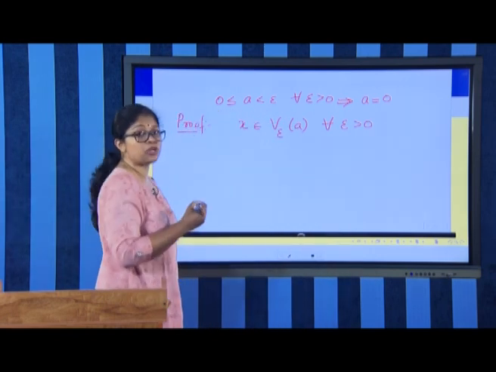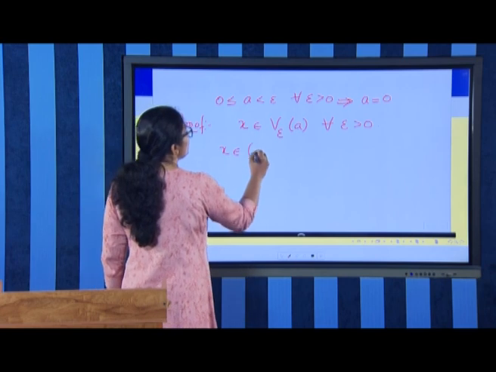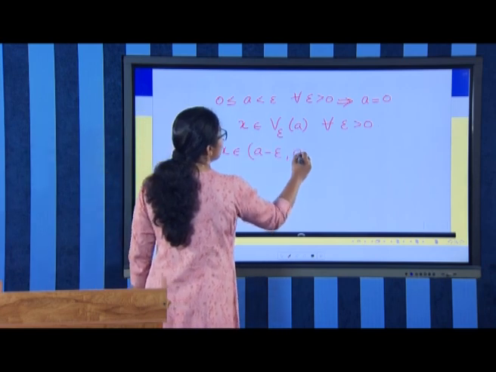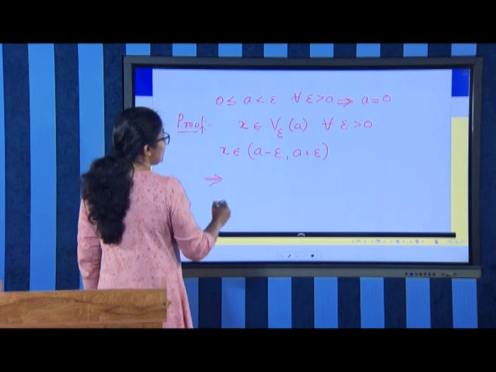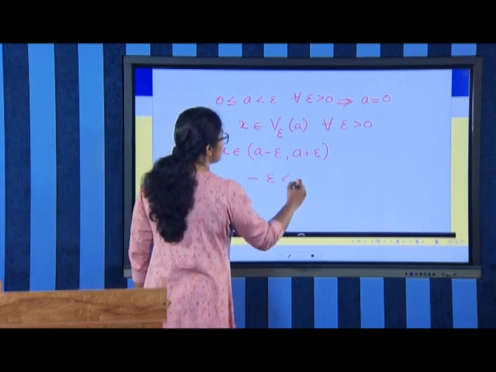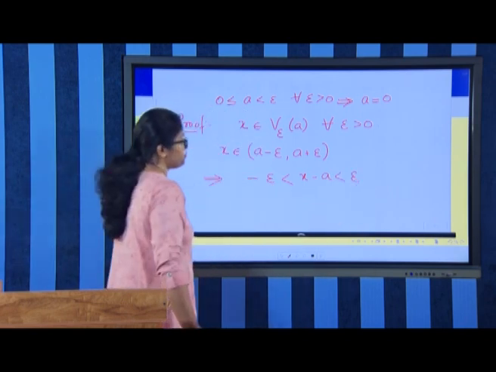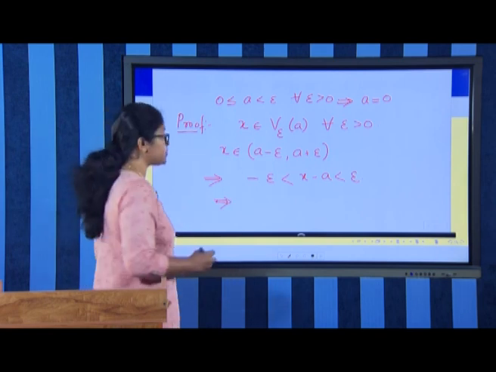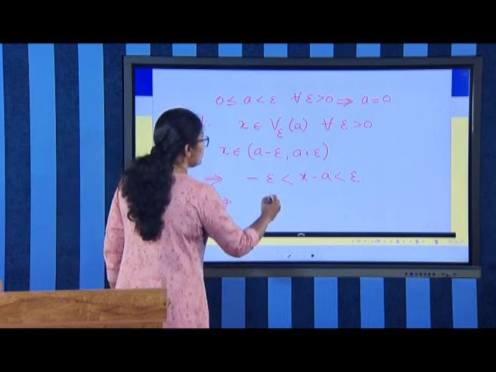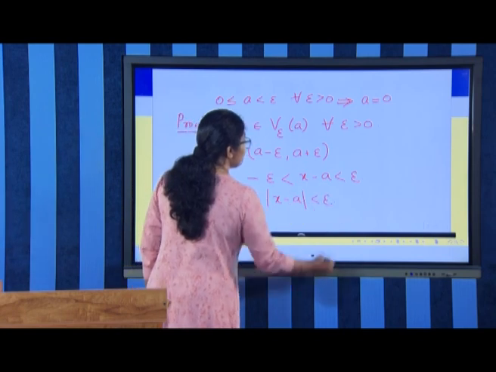So, by the definition of V epsilon of A, we know x belongs to the open interval A minus epsilon, A plus epsilon. What does this indicate? Negative epsilon is less than x minus A is less than epsilon. Or in other words, by the previous result that we have studied, this is equivalent to modulus of x minus A is less than epsilon.